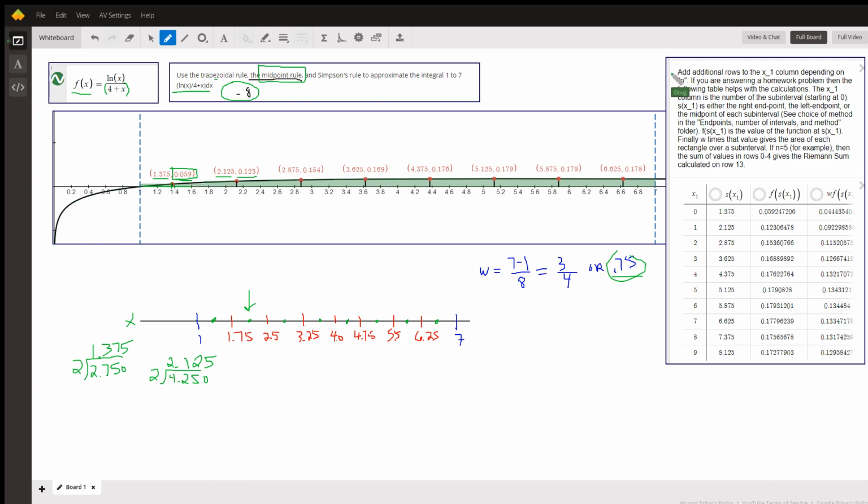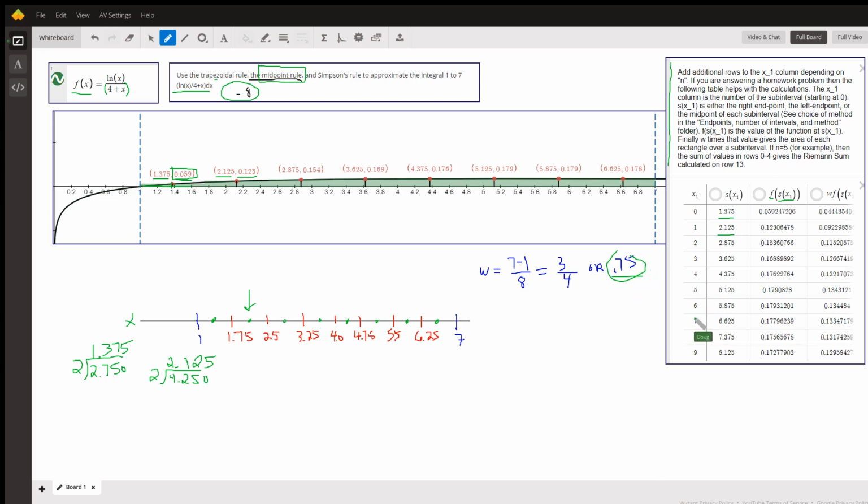You can read this text if you want to see what's going on, but x sub i represents the midpoint of the first subinterval. There's the midpoint of the second subinterval. We plug that value into the function to get this function value, all the way down to 1, 2, 3, 4, 5, 6, 7, 8.